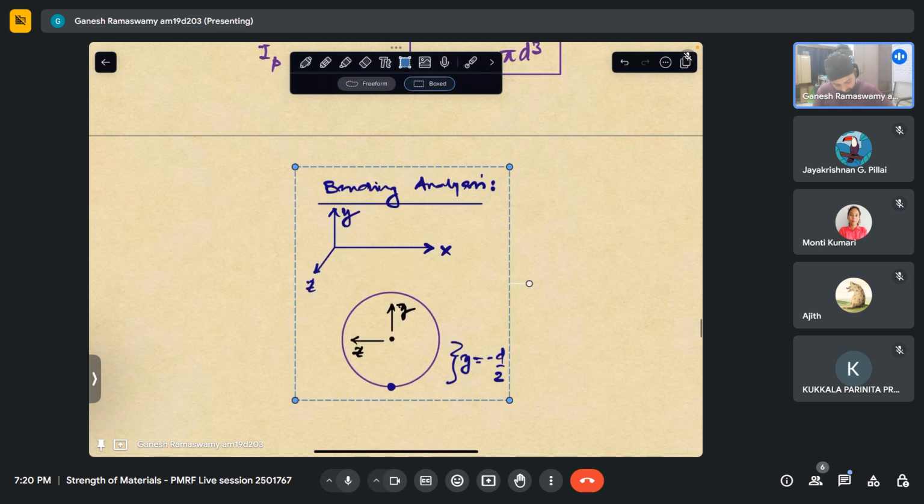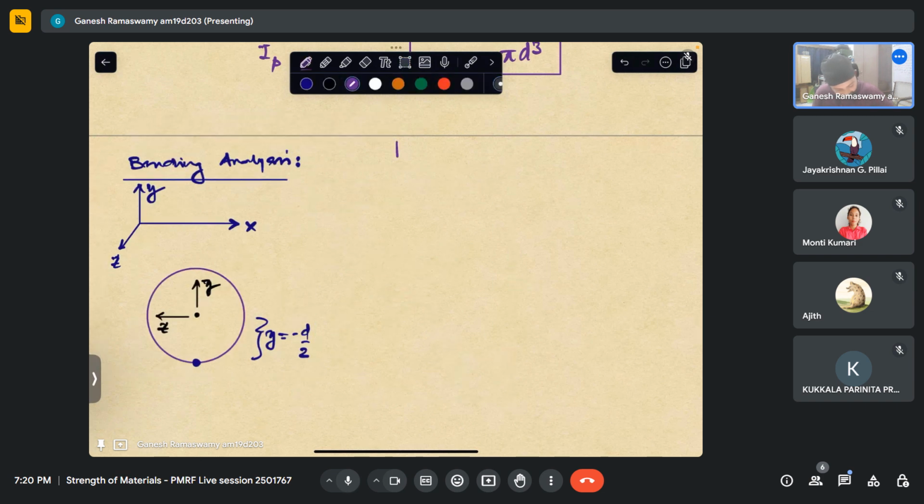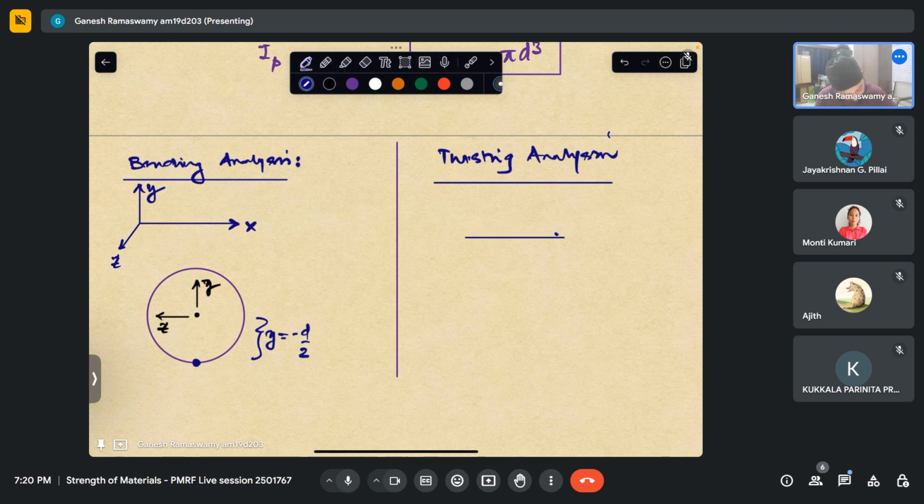Similarly, for our twisting or torsion analysis, or howsoever you want to call it, we have this as Z, and then in any direction, this is r, and we have the perpendicular to that, this is the theta direction.